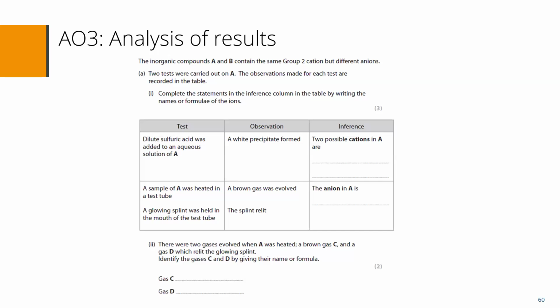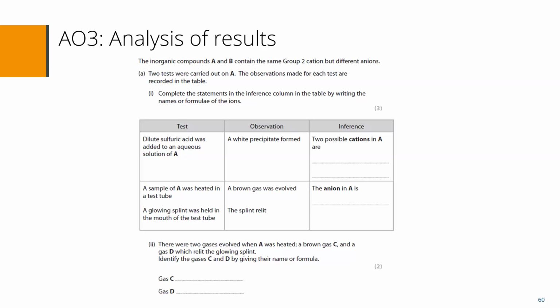Then in the second one, a sample of A was heated in a test tube, a glowing splint was put in, the splint relit, and a brown gas was evolved. What anion is present? So that's analysis of results. And then part two: two gases evolved when A was heated, brown gas C and D, which relights a glowing splint. Identify the gases by giving their name or formula.